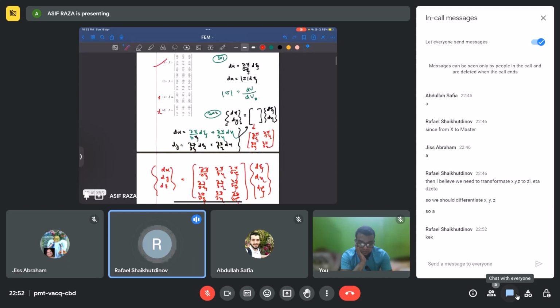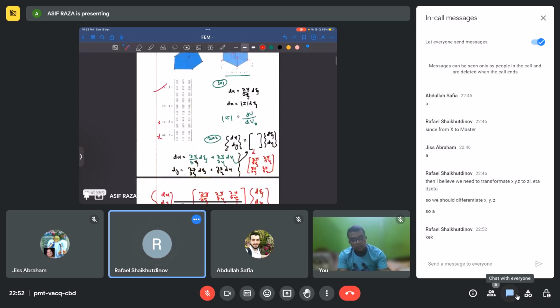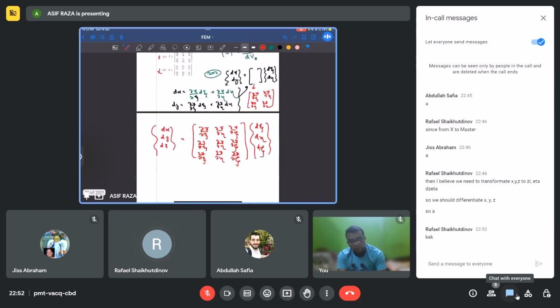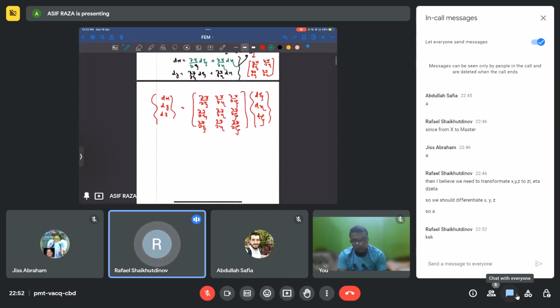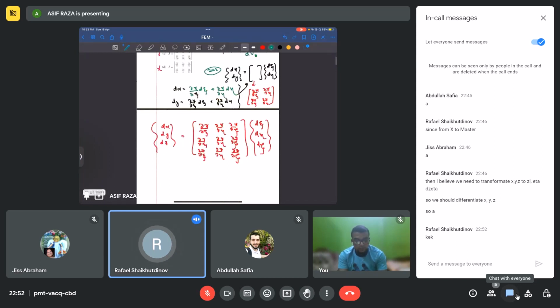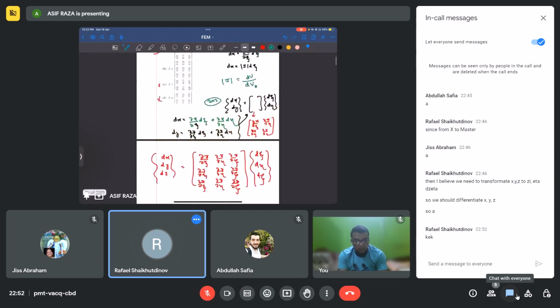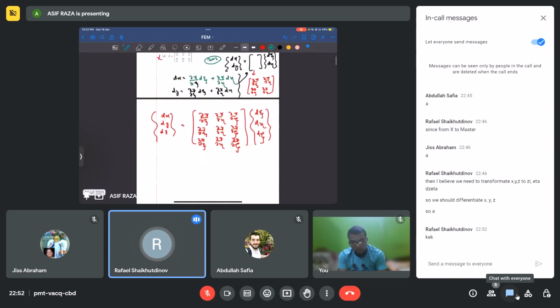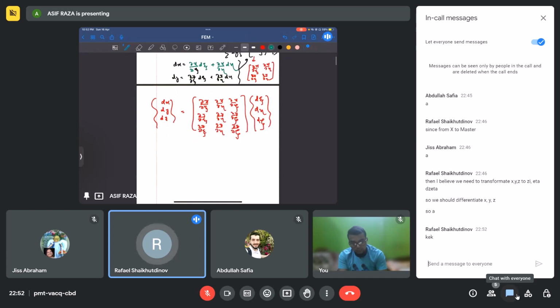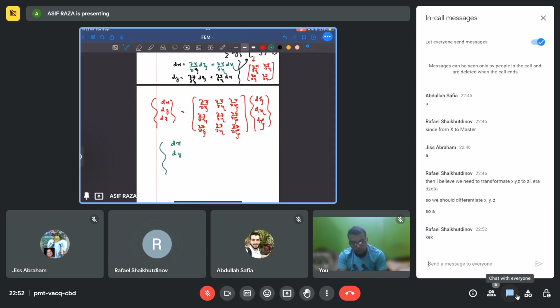No, you just, maybe it should be transformed from d xi, d eta, d zeta to dx, dy, dz. It would have been written like J transpose of d xi, d eta, d zeta.